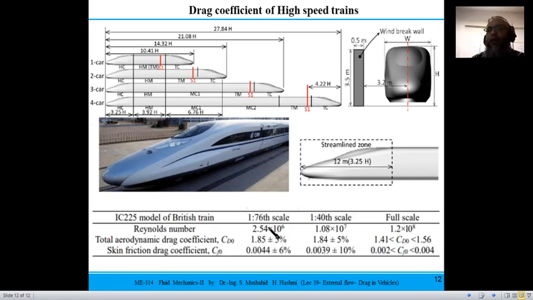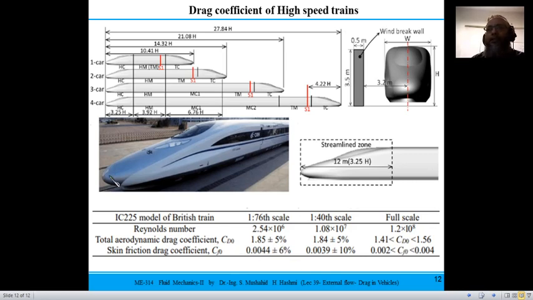For 1/76 scale, 1/40 scale or full scale, you have different values at different Reynolds numbers, and the total drag coefficient is of the order of 1.4, and largely it is due to the shape part. The friction part is negligibly small.